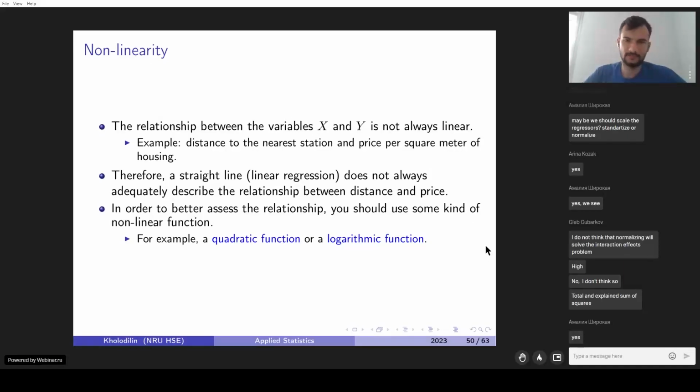Another big topic is nonlinearity. We have 3 minutes, and I will slightly talk about this. Before, we talked only about linear regressors, but sometimes your data is described a bit differently.